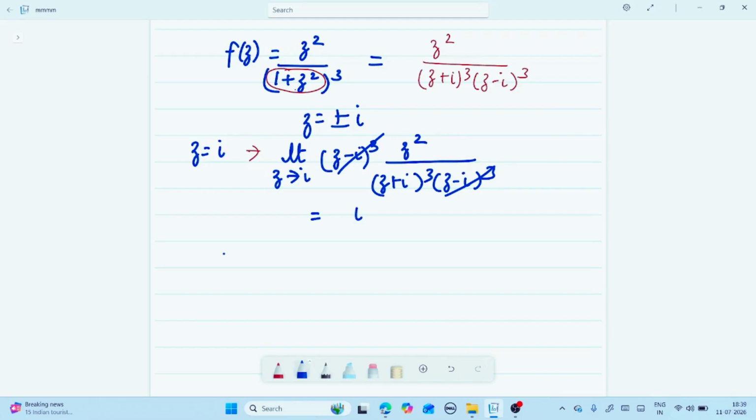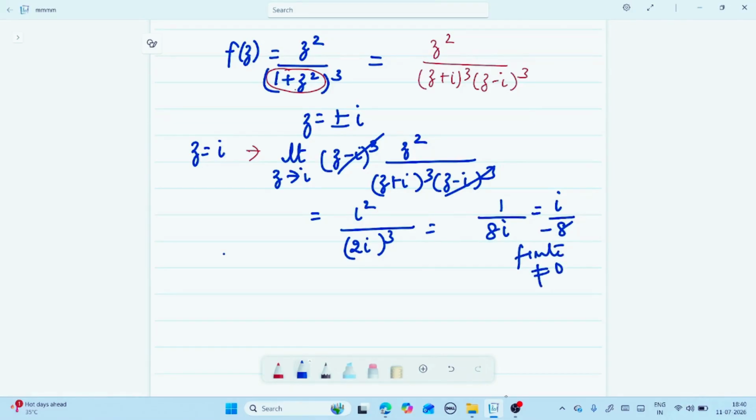So this will become I square by 2I the whole cube. In other words, we will have I square by 8I cubed, so it will become 1 by 8I. You can just multiply and divide by I, so that this will become minus 8. Okay. So the answer will be minus I by 8. So this is of course finite and non-zero. Therefore, I is a pole of order 3.